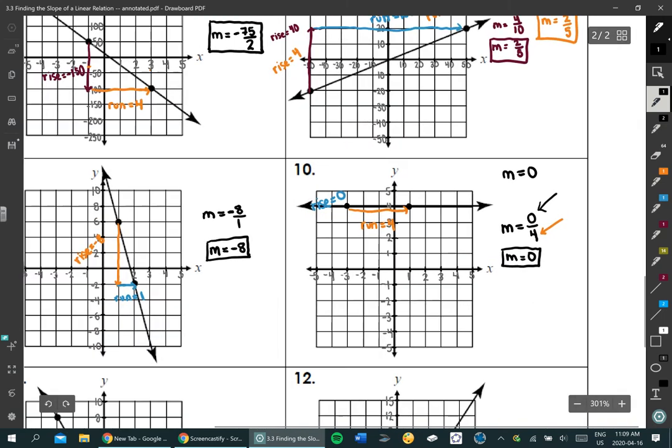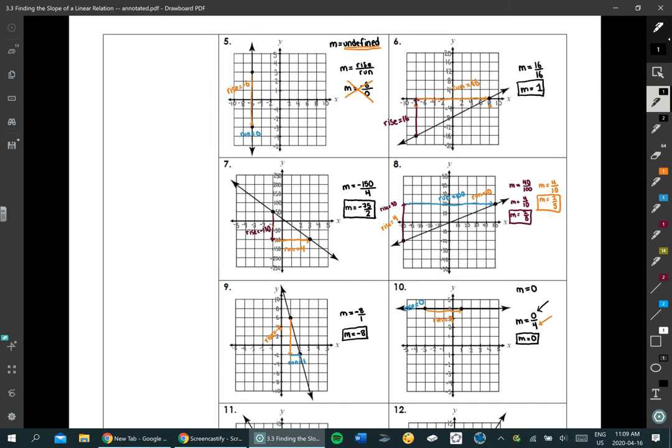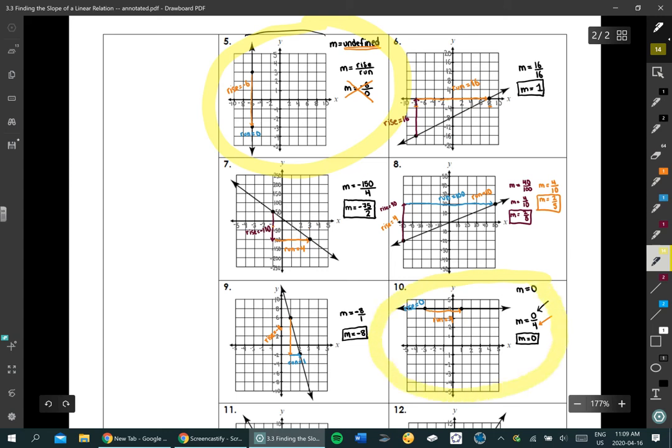So the difference between the vertical and the horizontal line is because of the ratio. With our vertical line up here, we were dividing by 0, and dividing by 0 is not allowed. With our horizontal line, we're not dividing by 0. It's 0 being divided by something else. So there's a difference. That's why we say that for a vertical line, the slope is undefined, while with a horizontal line, the slope is 0.